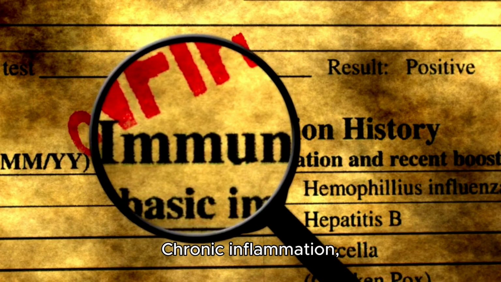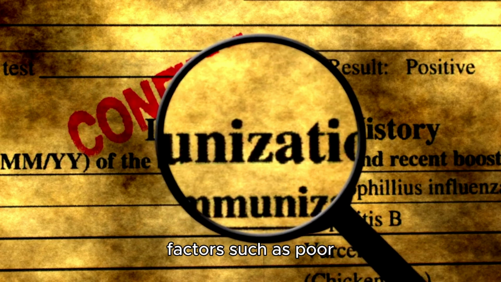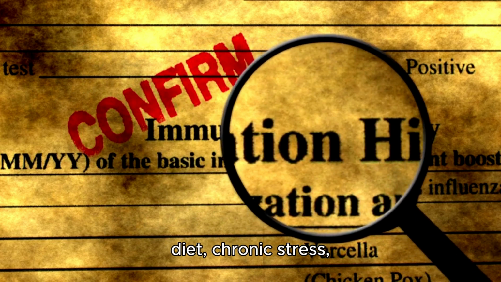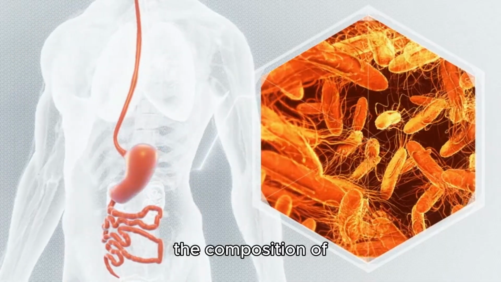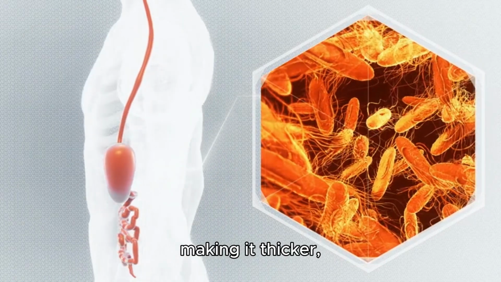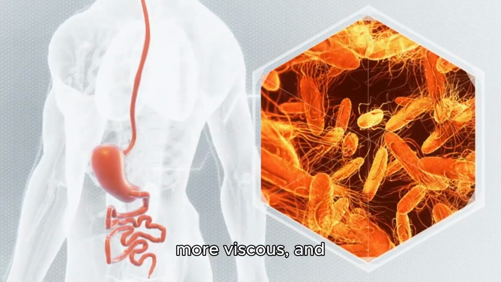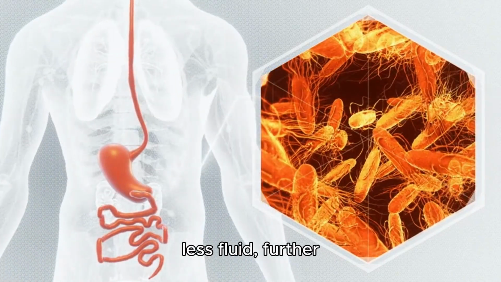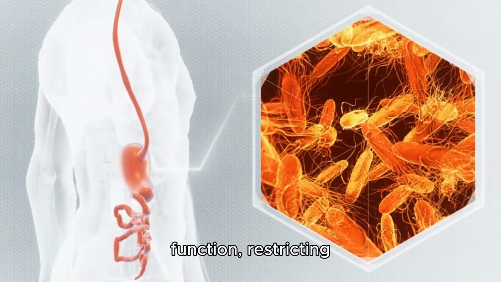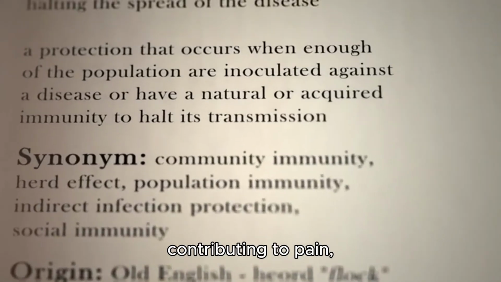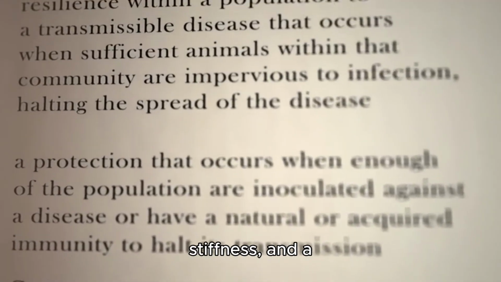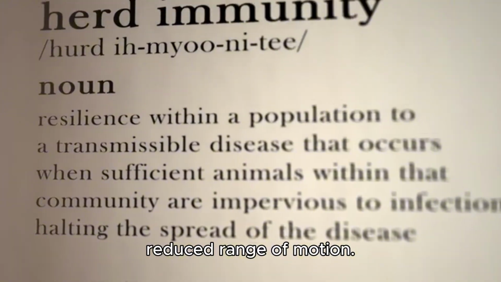Inflammation. Chronic inflammation, often caused by factors such as poor diet, chronic stress, autoimmune conditions, and infections, can alter the composition of ground substance, making it thicker, more viscous, and less fluid, further impairing fascial function, restricting its ability to glide and slide, and contributing to pain, stiffness, and a reduced range of motion.